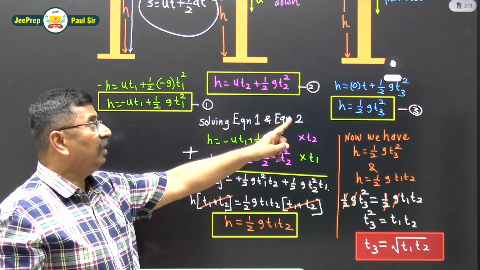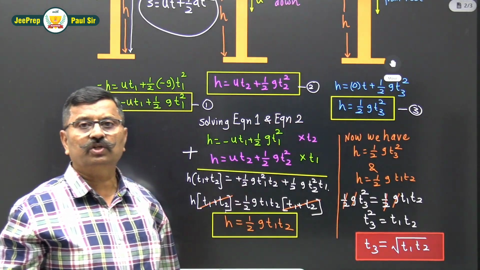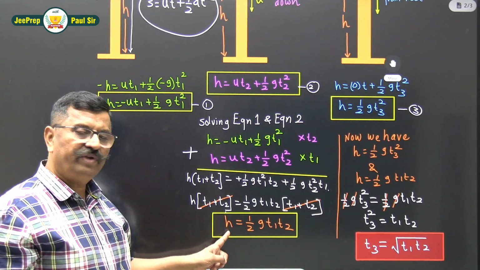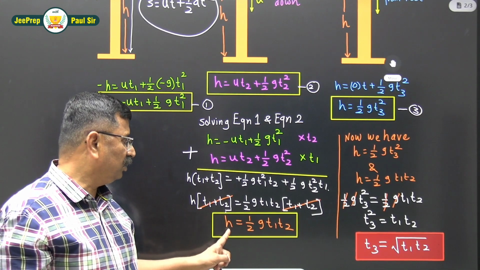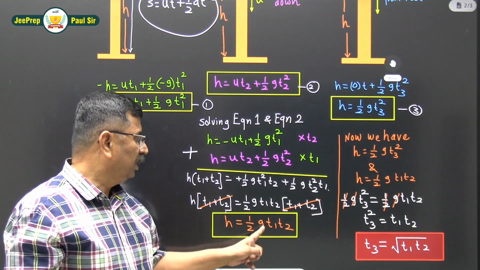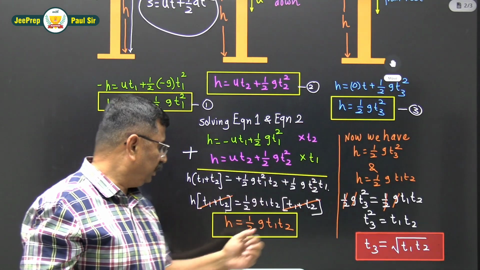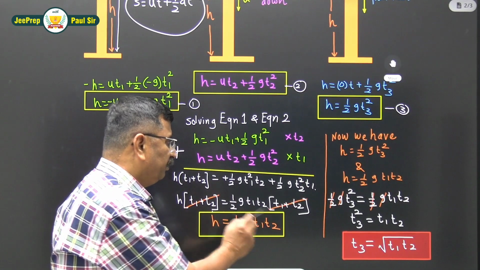Now we have the third equation, h is equal to half g t3 square. And here also we have one equation for the same height of the tower, that is half g t1 t2. Here the height is expressed in terms of t3 and here the height is expressed in terms of t1 t2.